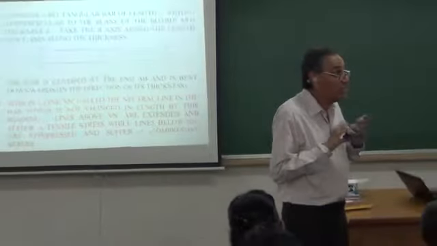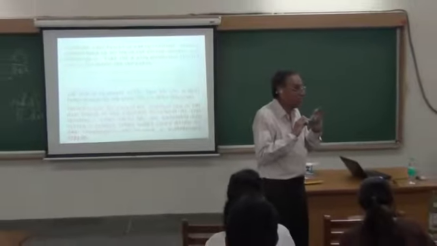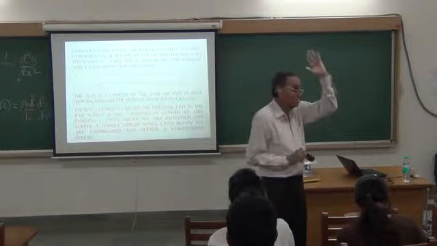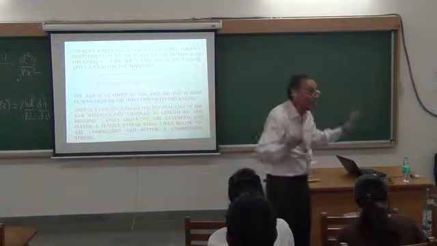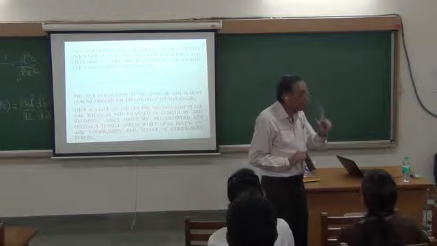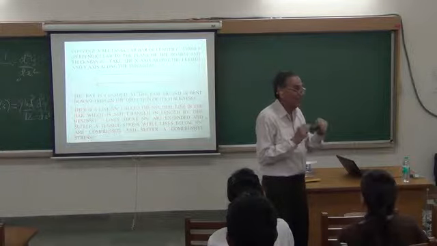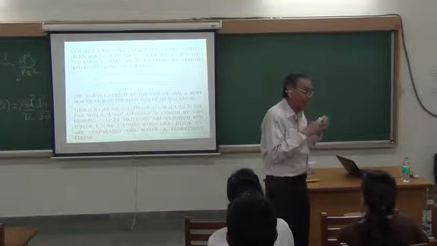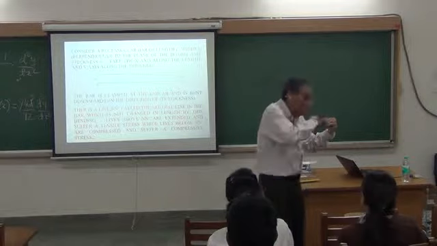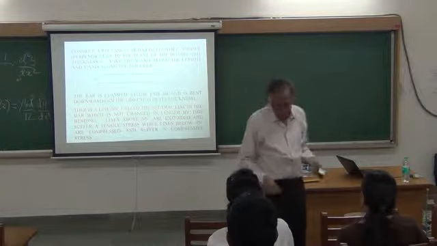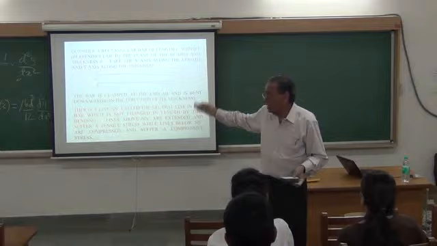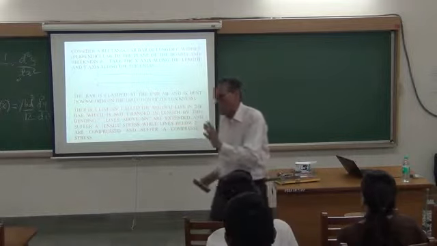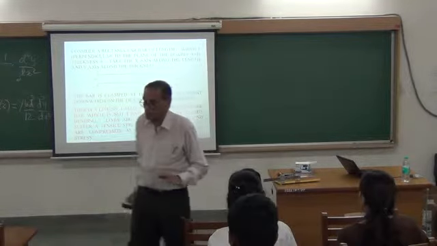So if the two forces are equal, one force is up, one force is down, the net force will be 0. There must be a differential force which causes the bar to vibrate. When the bar goes away, there is a restoring force. To calculate the restoring force, you have to take the force at x and the force at x plus dx.